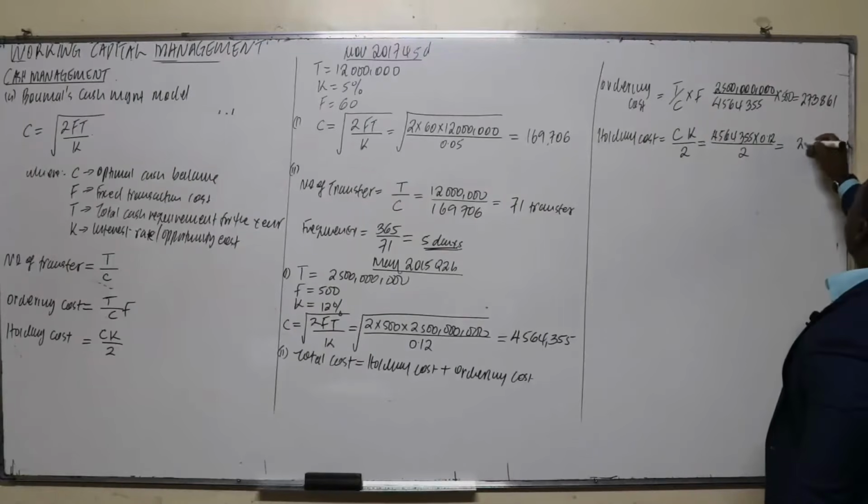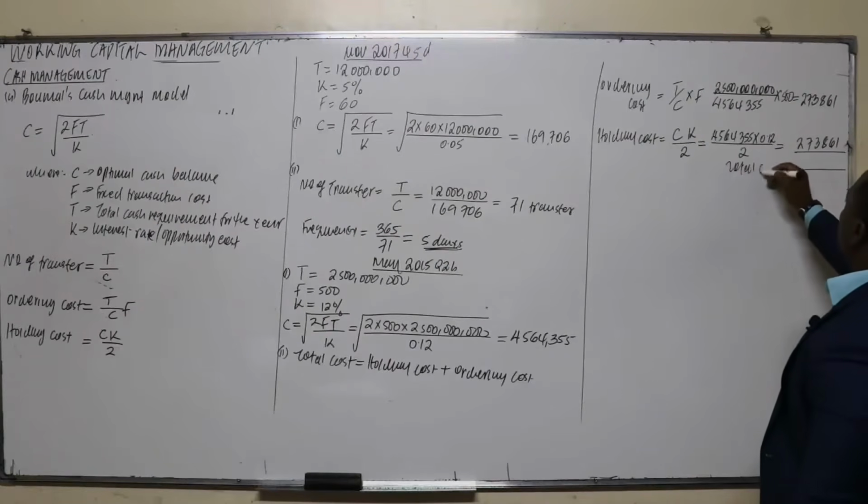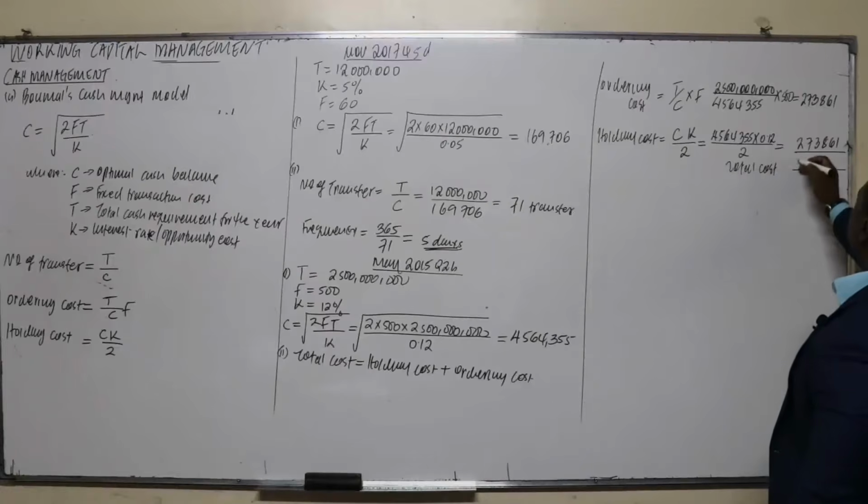Yeah, that's what I was saying, that in most cases, they're always the same. So multiply by 2, so that now we get the total cost. You get 540,54. Good.